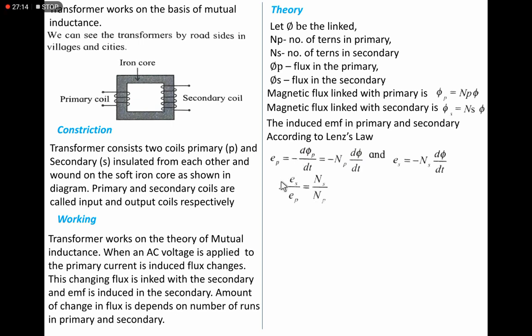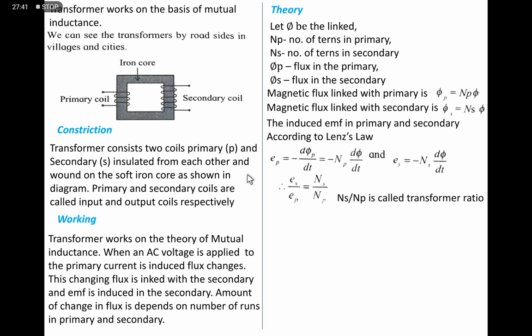It means the ratio of the EMF induced in secondary to the primary is equal to the ratio of the number of turns in secondary to the number of turns in primary. So this is the equation. It is called transformer ratio.